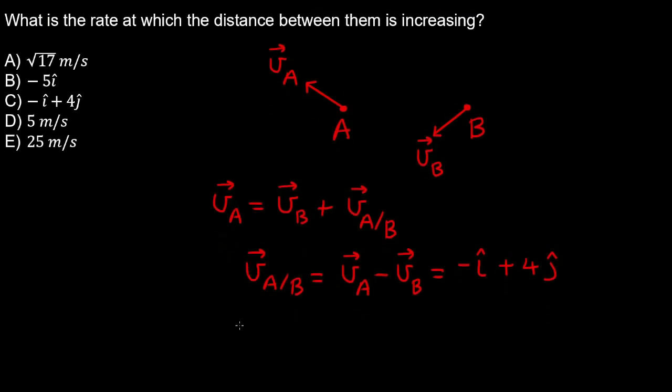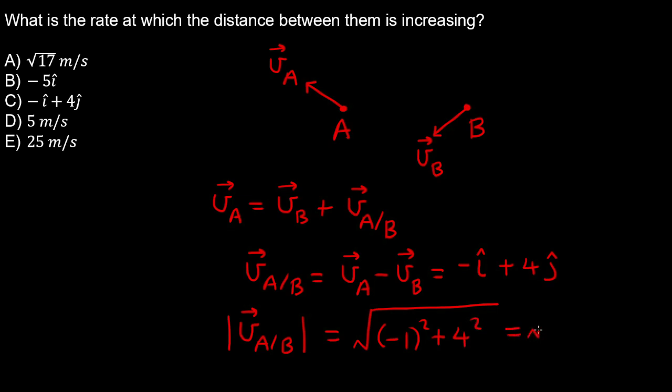So we take the magnitude of this velocity to get the speed. So therefore, we have the square root of minus 1 squared plus 4 squared, which is equal to root 17 meters per second. So the correct answer is A.